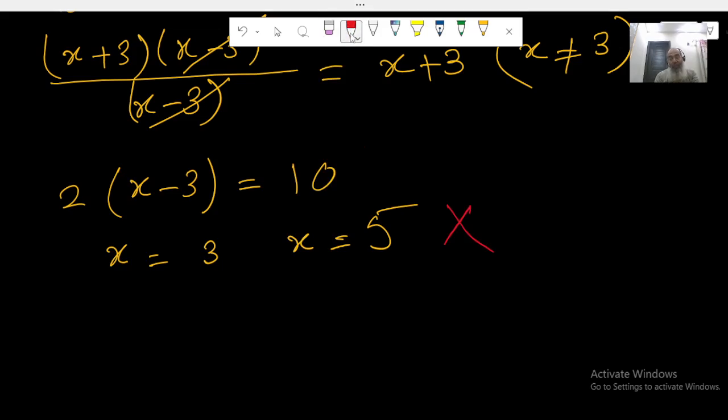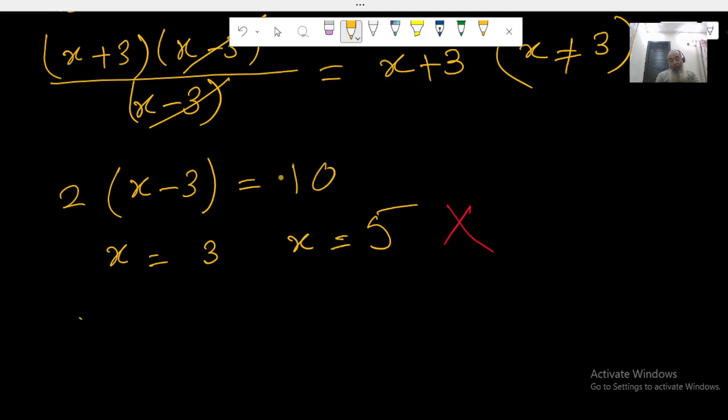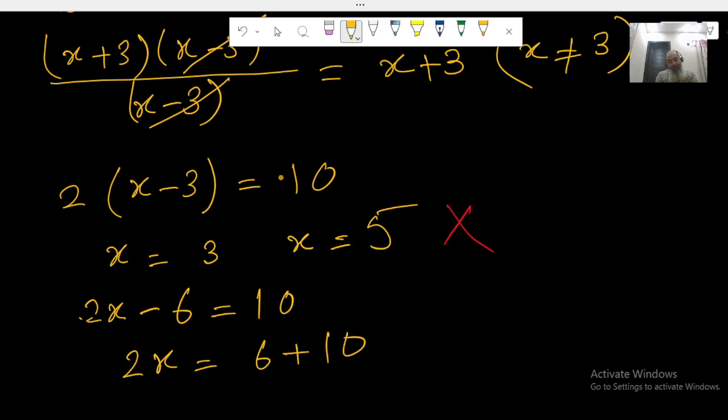Now the correct procedure is, now look carefully, what's the correct solution? You multiply 2 inside the bracket with each term, so it becomes 2x minus 6 is equal to 10. So 2x is equal to, here I move 6 to the other side, to the right side, it becomes 6 plus 10. It becomes positive. 6 becomes positive, it's equal to 16.